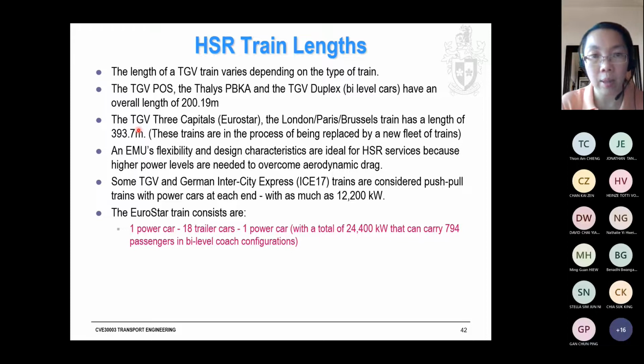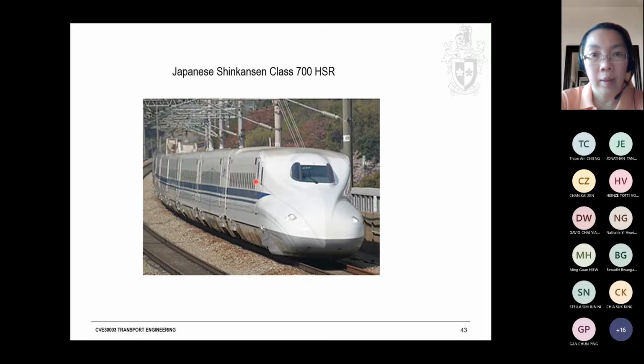So the whole rail system has to operate in a very controlled environment. So just an example, this is Japanese Shinkansen HSR. Very, very smooth track. You really have to have very, very smooth and level track so that passengers inside will be very comfortable.